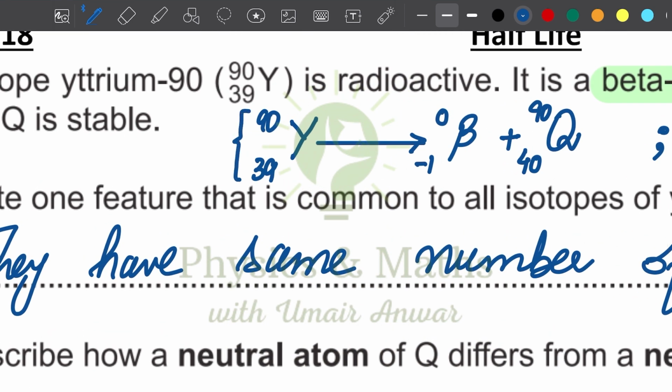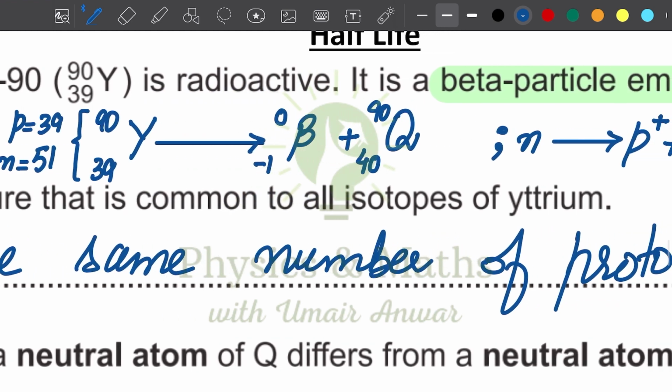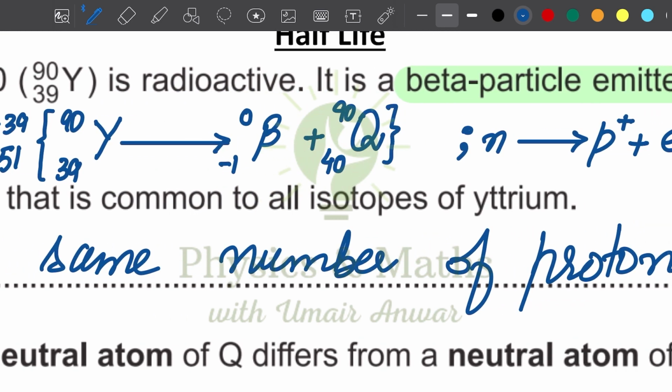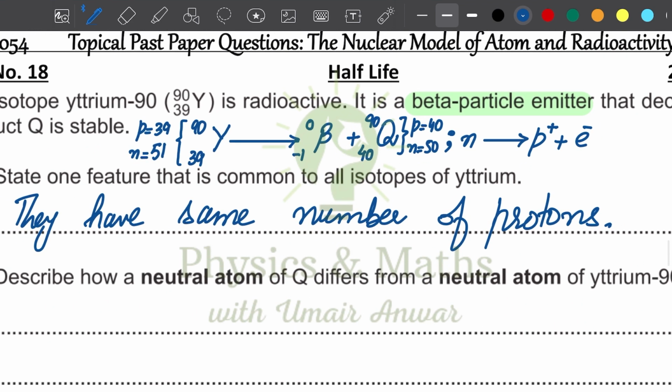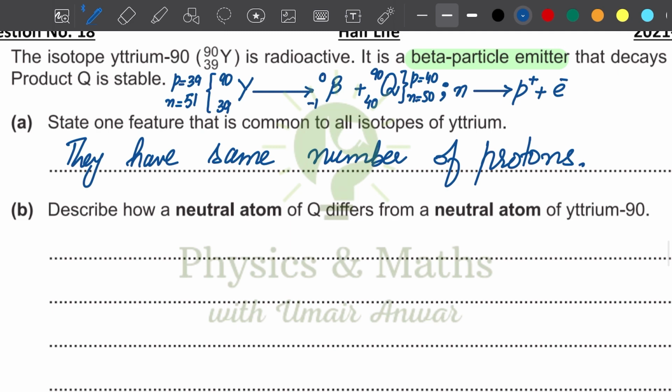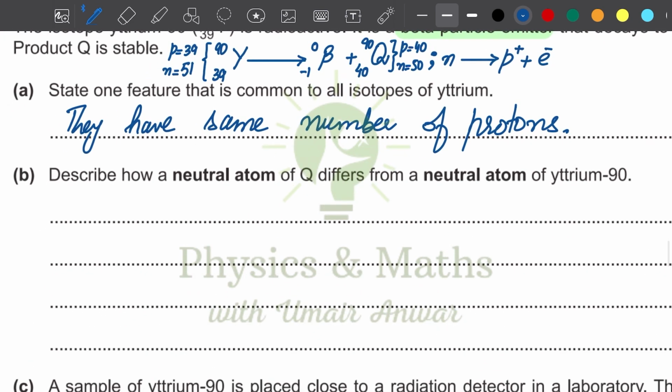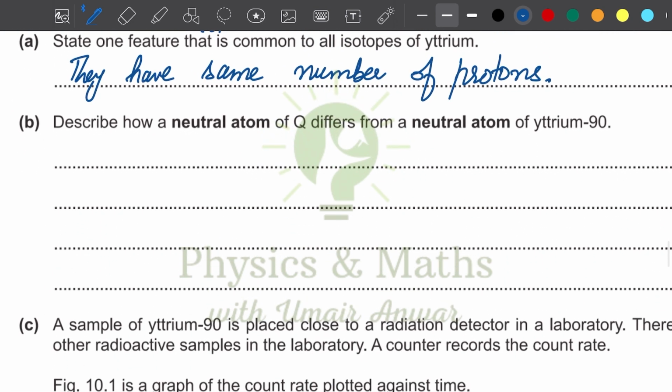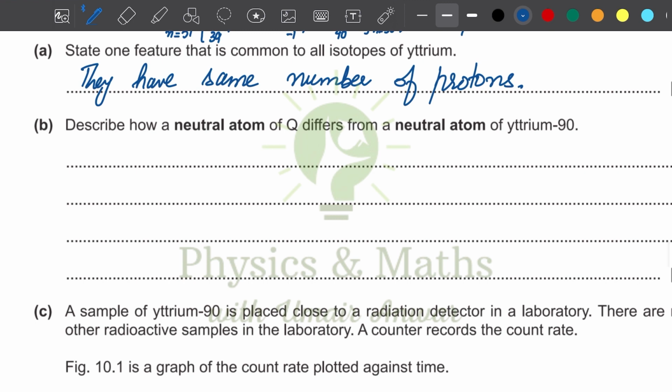Although the nucleon number remains the same, the composition here is different. For Y or yttrium, we have 39 protons and 51 neutrons, while for Q we have 40 protons and 50 neutrons. So using all this information, we can write the answer for this part. We have to describe how a neutral atom of Q differs from a neutral atom of yttrium-90.